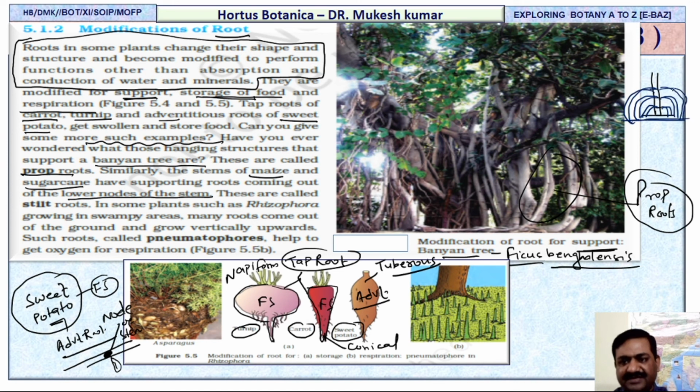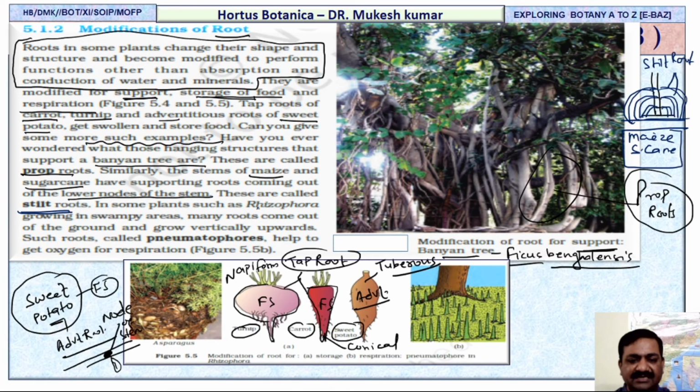So this structure is called stilt root. It is very common in monocots, like maize as well as sugarcane. Isn't it? So the NCERT is talking about this. These are called stilt roots, also called grass roots.